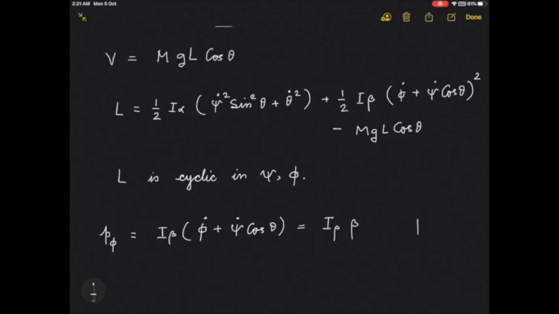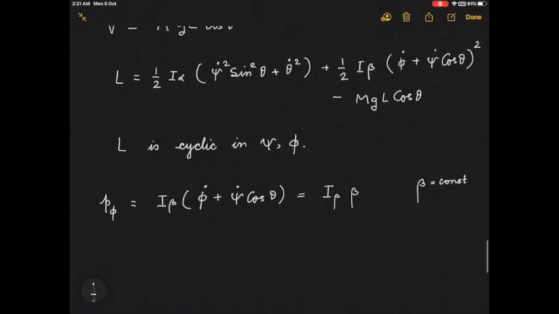It's a constant, so omega z is a constant. Similarly, P psi is also constant. So what is P psi? P psi has contribution from both the terms. Remember that P phi is del L del phi dot, so I forgot to write that down. Let me write it here.